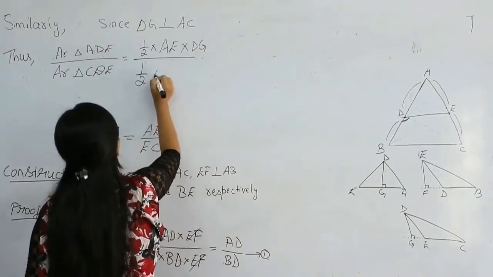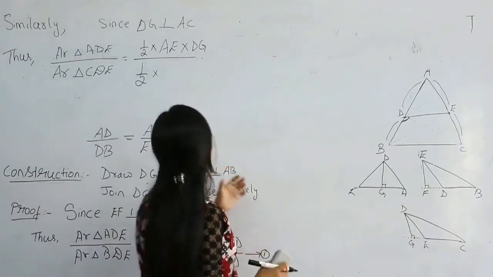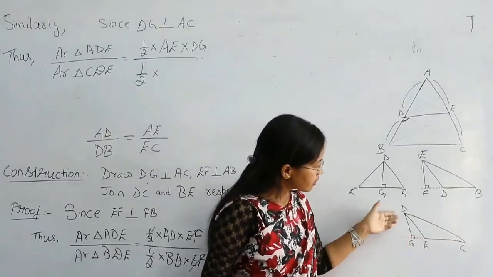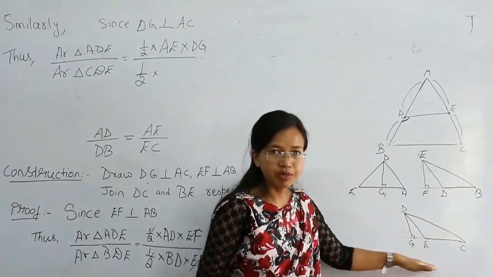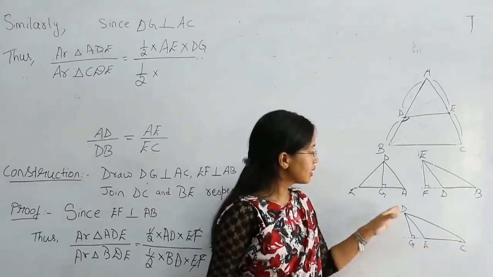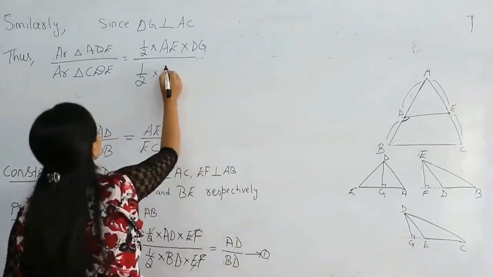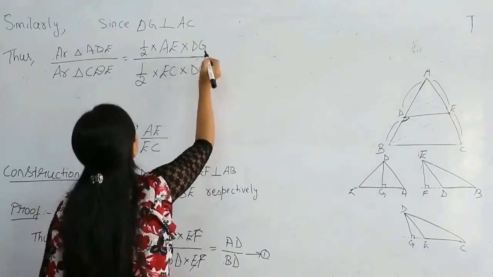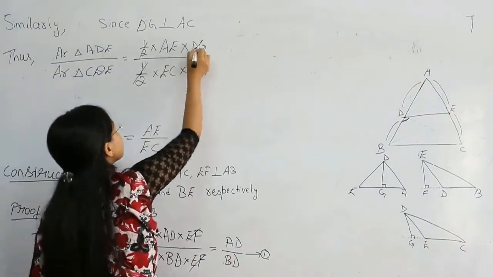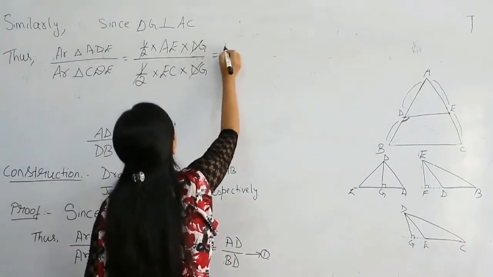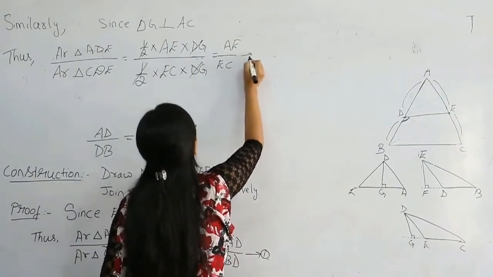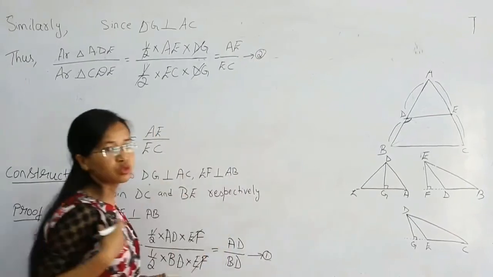And next, half area of triangle CDE. This is the height and this is the base. Half base, base is EC into DG. Again, half and half get cancelled. DG and DG get cancelled. We'll get AE by EC. We'll mark this as equation 2.